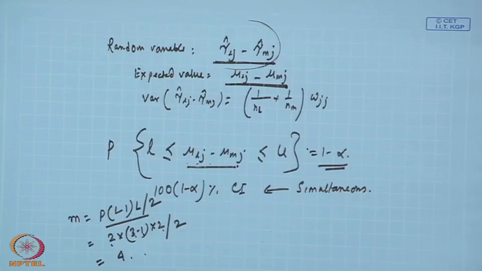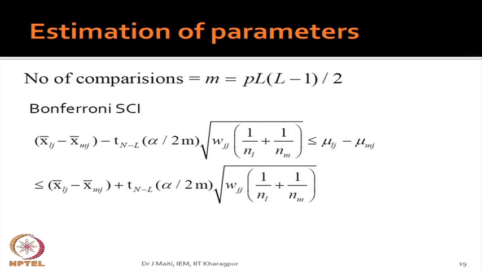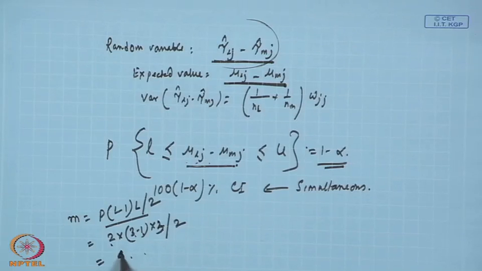So, 4 comparisons possible, 3 comparisons. P is how much? P is 2. Oh, L is 3. So, this is 6 comparisons. L is 3. So, 6 comparisons simultaneously you have to make.